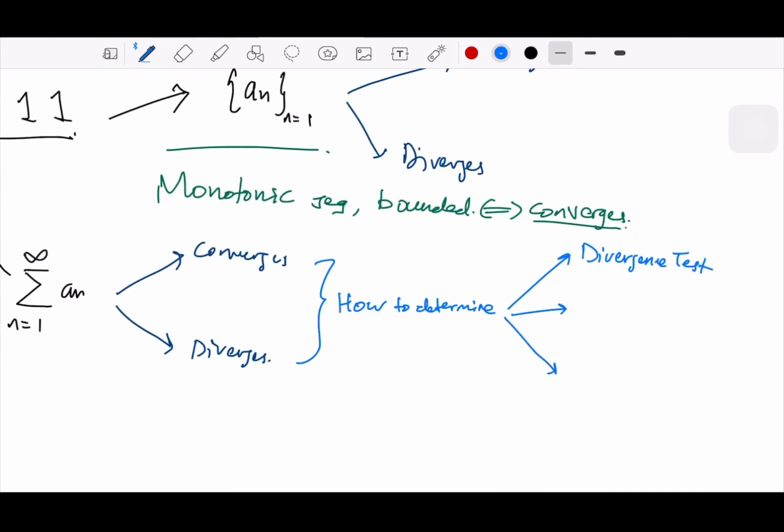I will just take several methods that I think are quite important. The ratio test.